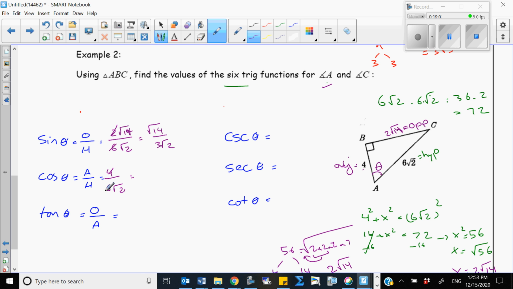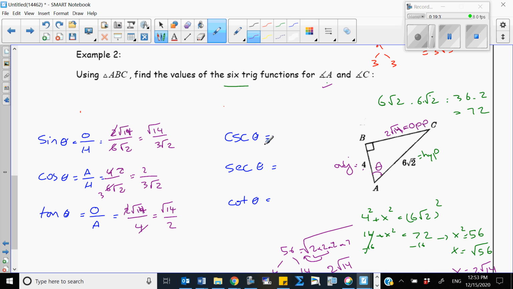As I simplify, I'm going to have 2 over 3 radical 2, because 4 divided by 2 is 2, and 6 divided by 2 is 3. Tangent is opposite over adjacent. 2 radical 14 over adjacent, which is 4. Now if I simplify that, it's going to be radical 14 over 2. So these are the first 3 functions.